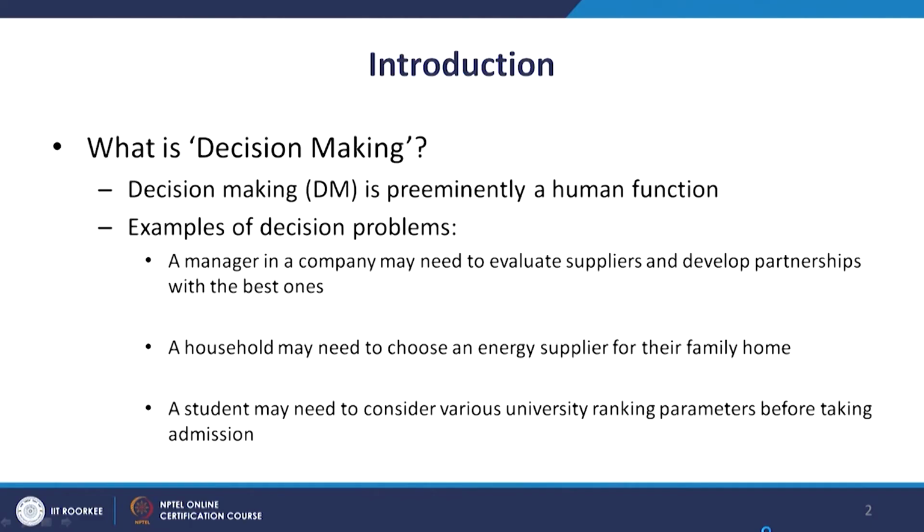This process of decision making, selecting a supplier, is what we are referring to as the decision problem here. Another example, as you can see in the slide, is a household that may need to select an energy supplier for their family home. In a particular city, if there are a number of companies willing to provide energy supplies to different localities, then households will have a number of choices, a number of alternatives.